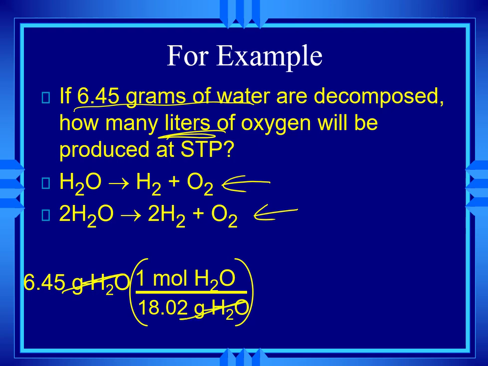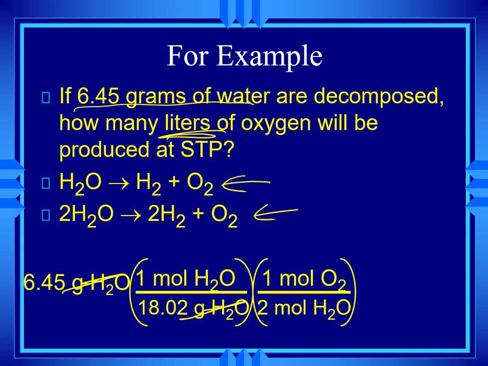Now I need to set it up so moles of water will cancel out, so it's got to go on the bottom. And the whole reason for turning into moles is so you can change chemicals. So now I've got moles of water, I want moles of oxygen, and I get those numbers out of the equation. There's a 2 in front of water, 1 in front of oxygen.